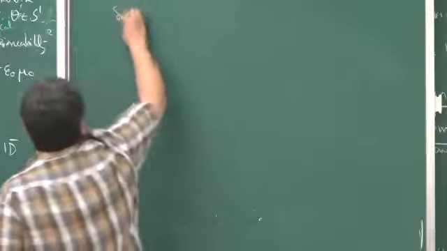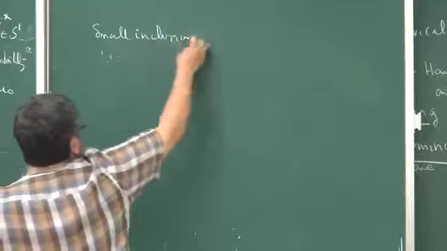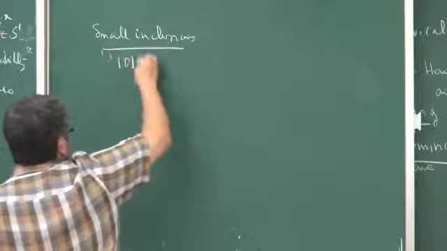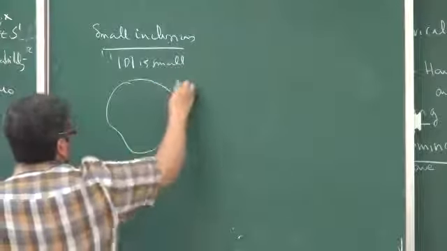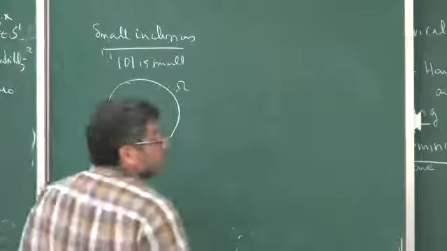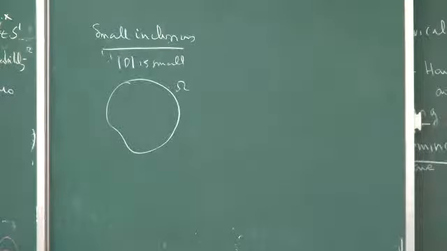Why is this? When imaging small inclusions, assume that the size of D is small inside omega.